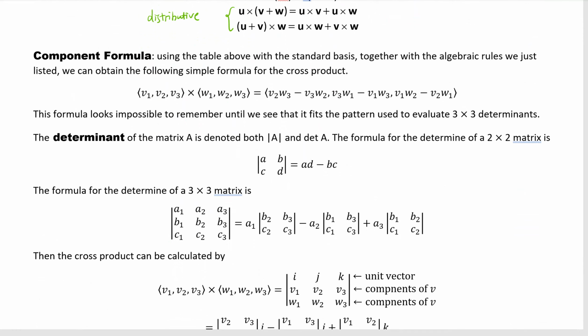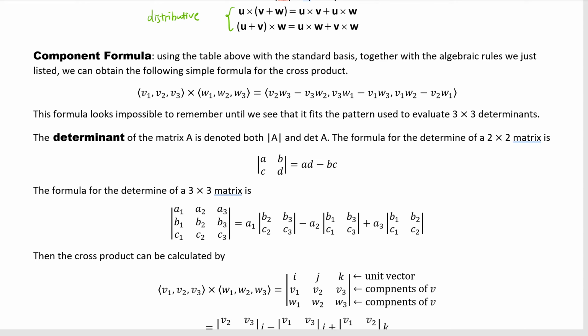Components formula. Using the table above with the standard basis together with some algebraic rules, we can obtain the following simple formula for the cross product. I don't think this is quite simple. So wow, you may ask, how can we memorize this?